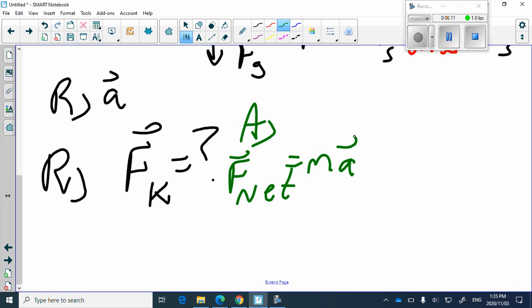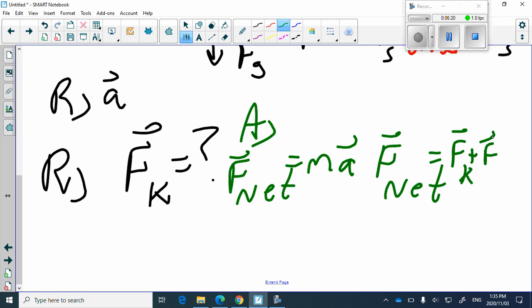F net is the sum of all forces, which in this case is just kinetic friction, force of gravity, and normal force. You're going to get sick and tired of writing those two equations down. But that's how you solve all these problems. Then you're going to move forward from there, and you're going to solve for force of kinetic friction. I think I've given you enough hints for that.